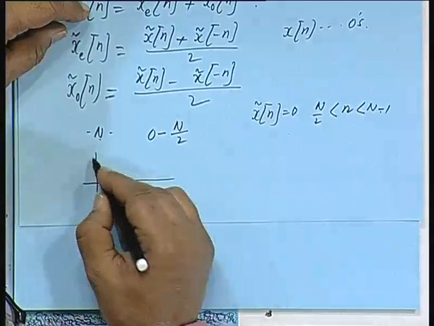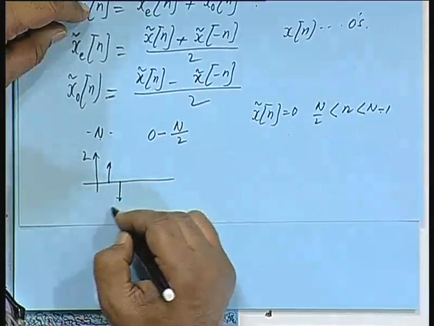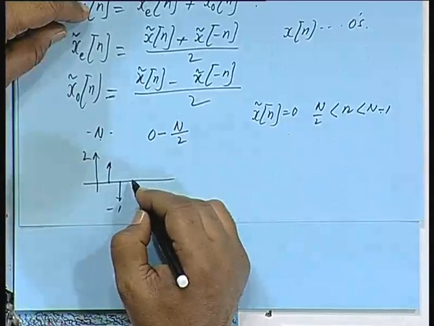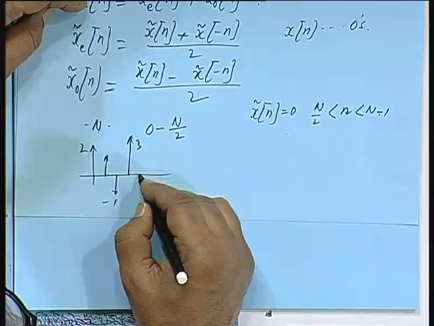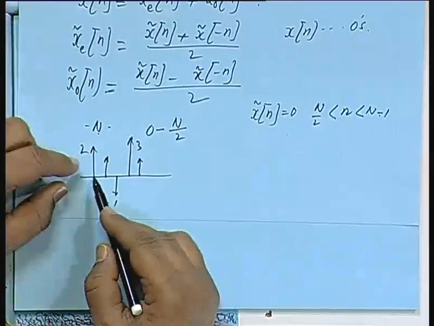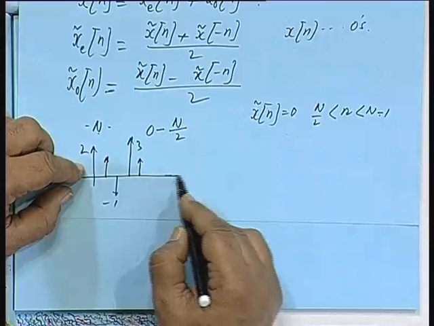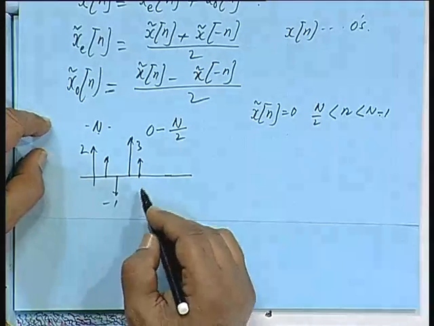Suppose you are given a sequence with values, say 2, 1, minus 1, 3, 1. I will try to go to an even number such that this point becomes half of this.